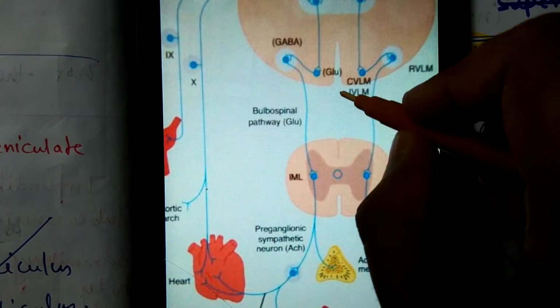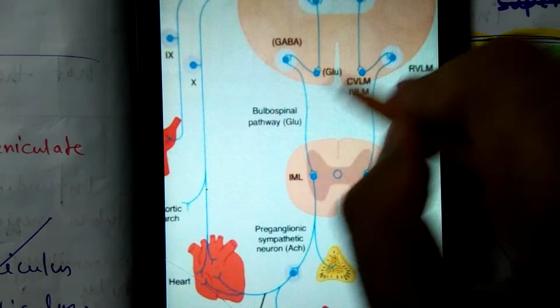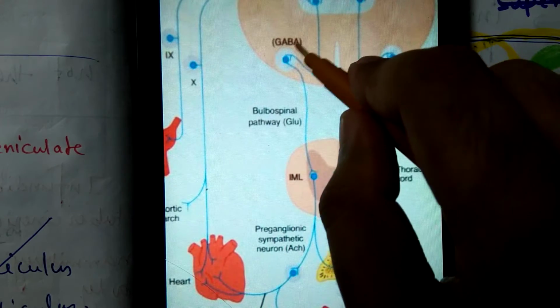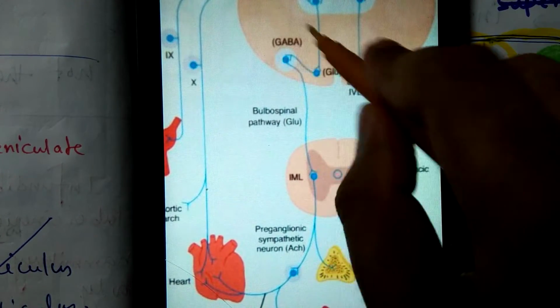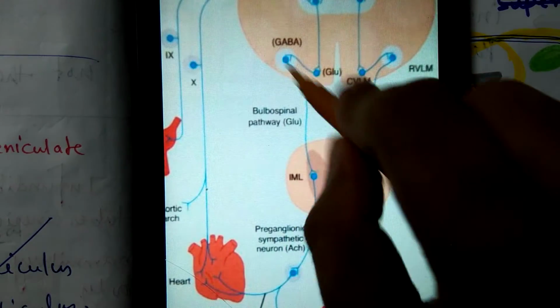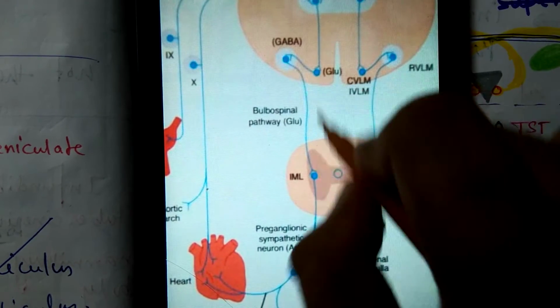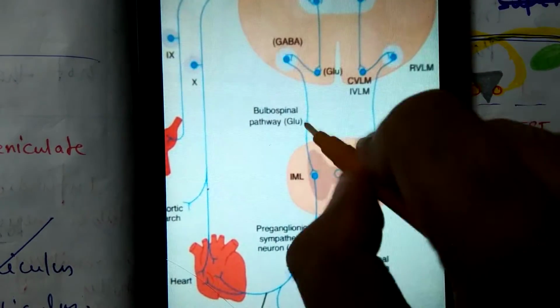Why is this inhibitory? Because this is GABAergic. Okay, and GABA is an inhibitory neurotransmitter which causes hyperpolarization of the postsynaptic neuron and inhibits the postsynaptic neuron by hyperpolarizing it.